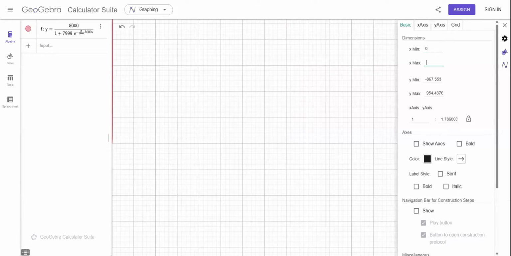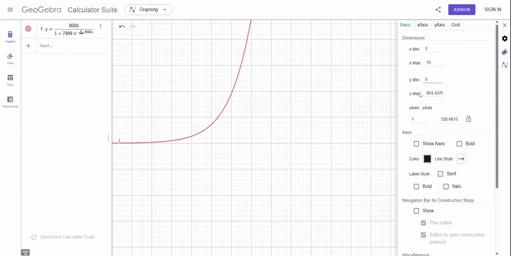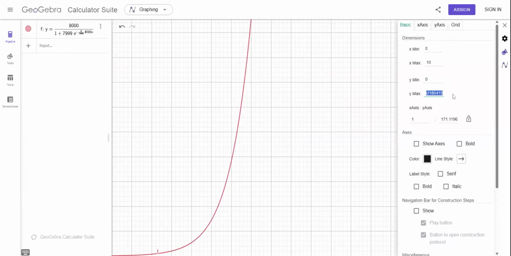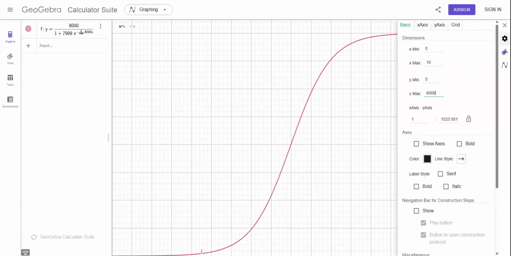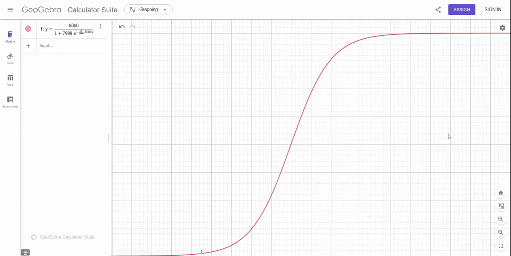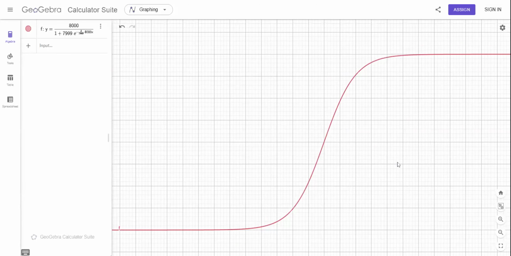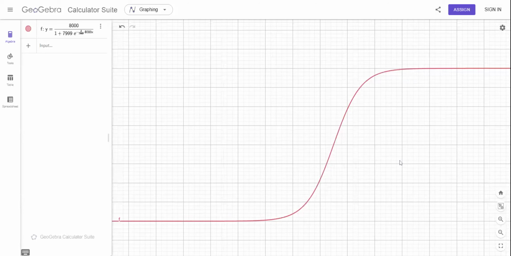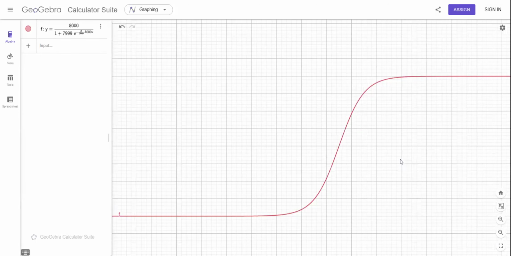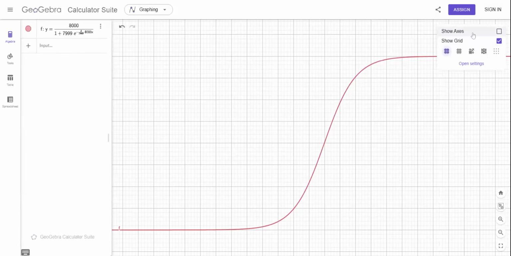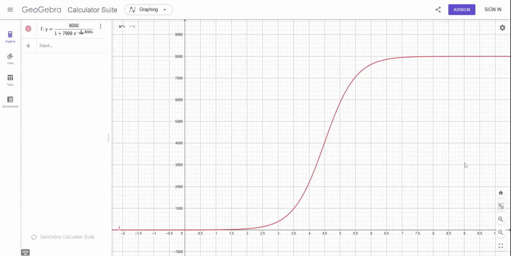Say maybe 10. Y max is say 8,500. Yeah, there we go. Okay, so then this looks better. Where'd my 0 go? Axis. Oh, thank you. Show axis there.